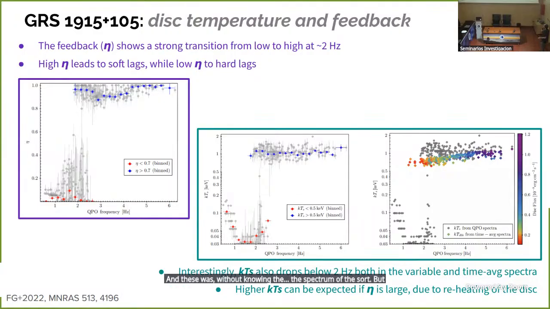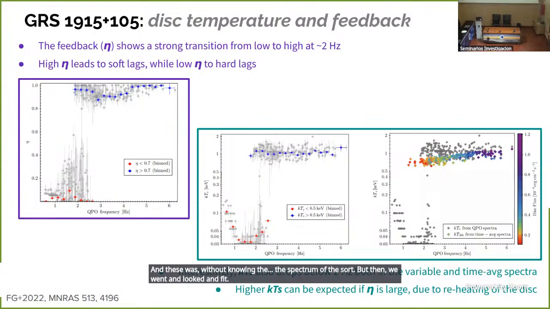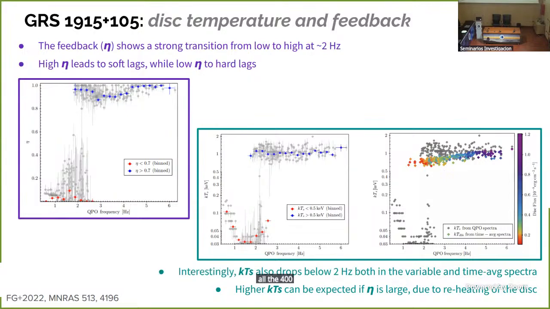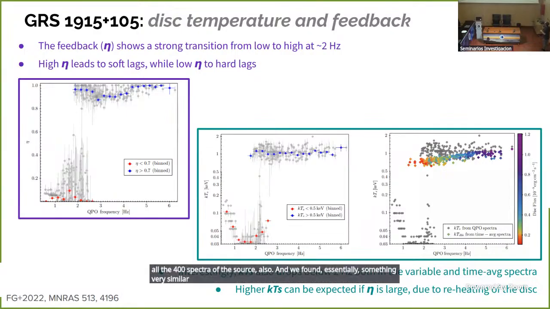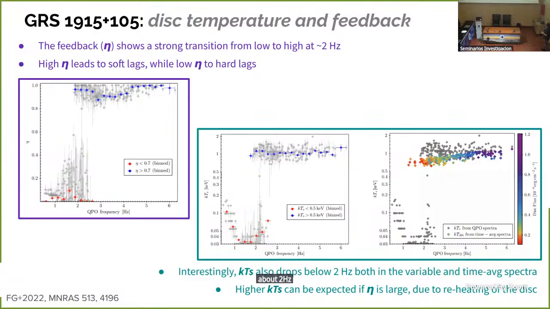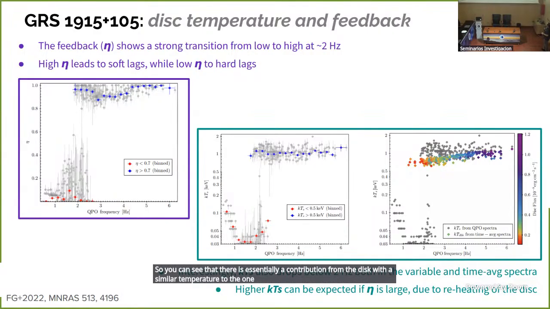But then we went and fit all the 400 spectra of the source also. And we found essentially something very similar. We found that when we were above 2 Hertz, we could measure the temperature of the disk and also the disk flux, which is colored here. So you can see that there is a contribution from the disk with a similar temperature to the one we found from our variability model.